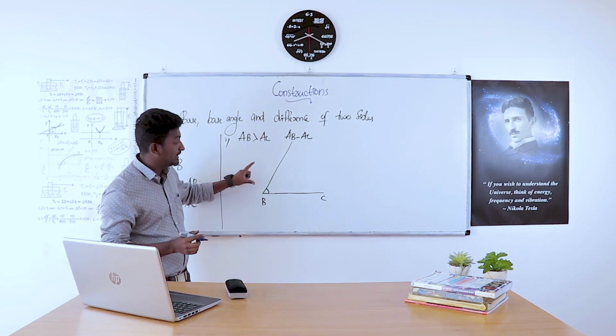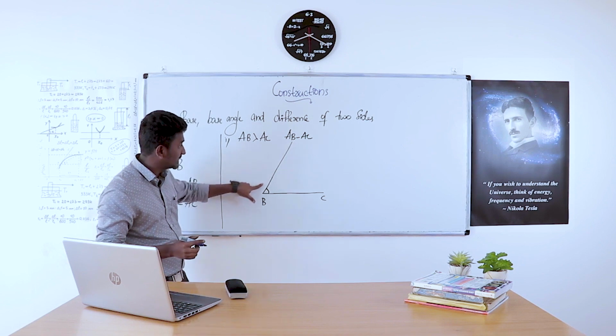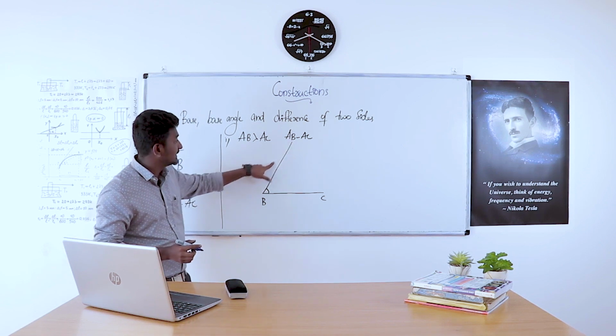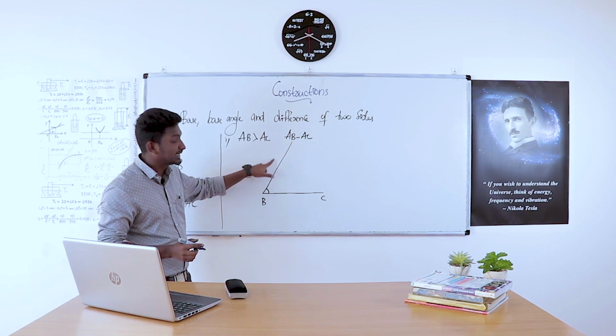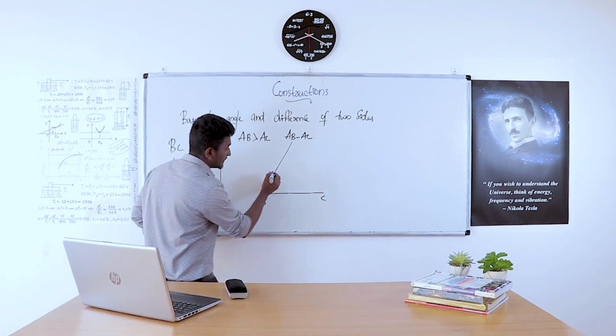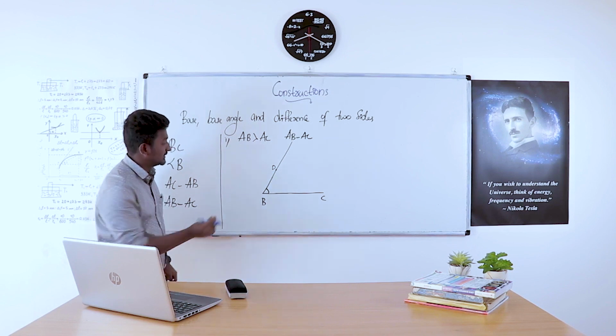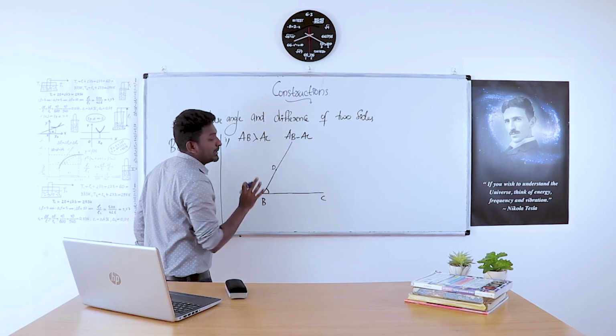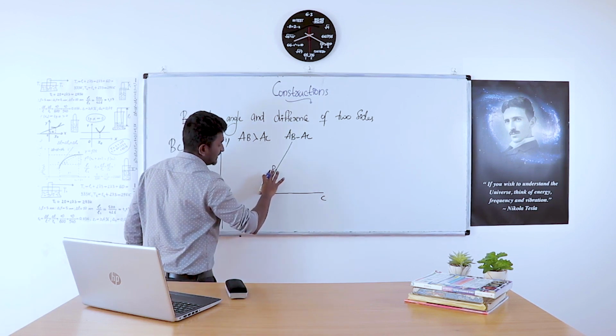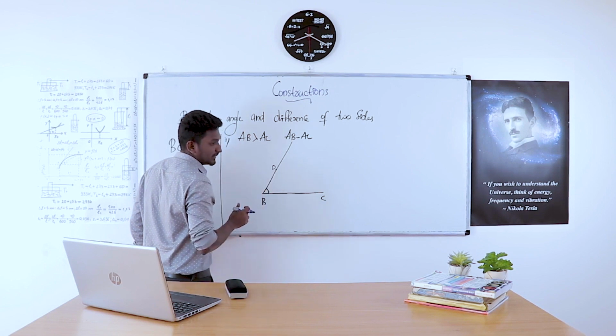Just mark that value on this line segment. I am marking this as D. That means BD is equal to AB minus AC.